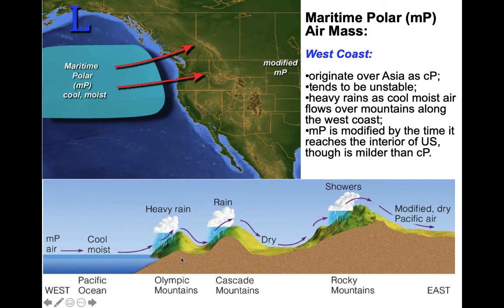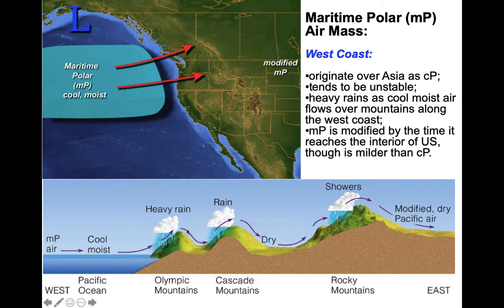So you're looking at here near Washington state, it dumps lots of rainfall on the west side of the Olympic Mountains, and then rises, gets cooler, and then sinks. And now it has dumped all the moisture that it contained as precipitation over the Olympic Mountains.